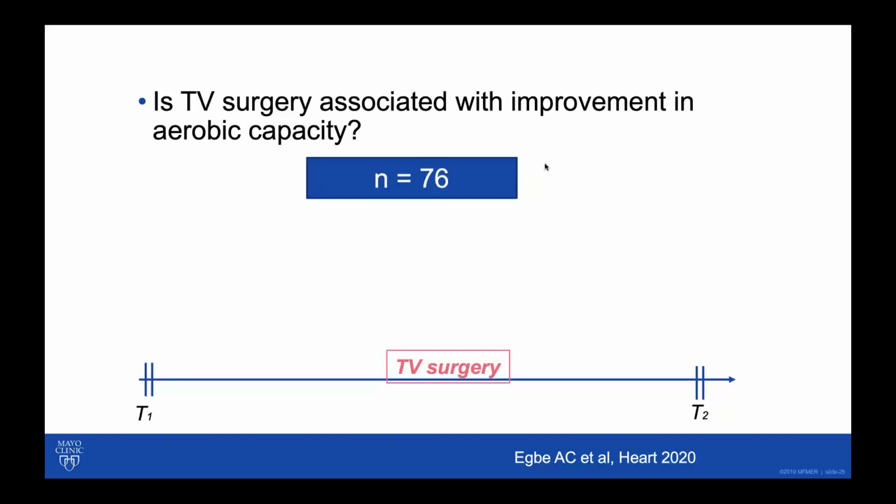So we looked at 76 patients that had exercise tests before and after tricuspid valve surgery. I use the term tricuspid valve surgery because some of them had replacement, but the majority had repair. We looked at the difference in VO2 between pre and post, and we defined improvement in aerobic capacity as any increase in predicted peak VO2.